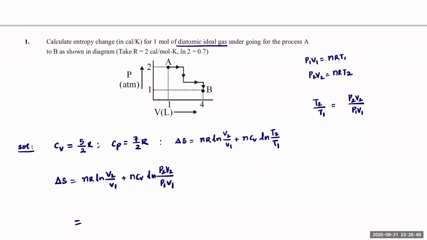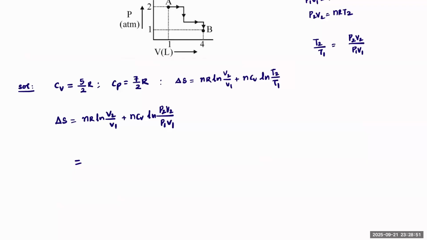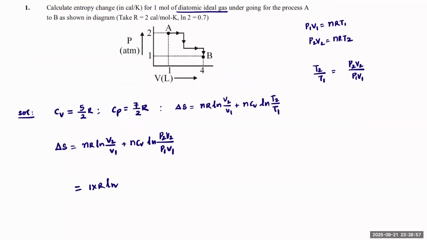Number of moles, you can see we are doing it for 1 mole, so 1 into R ln V2 by V1. So V2 being 4 liter by 1 liter plus 1 into CV being 5 by 2 R into ln P2, P2 being 1 and V2 being 4, and here it is 1 and 2.